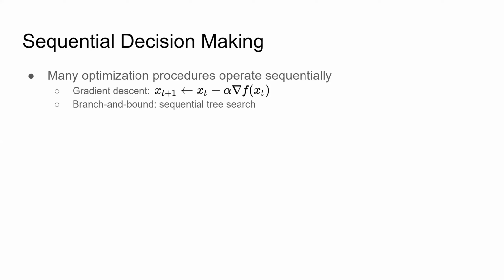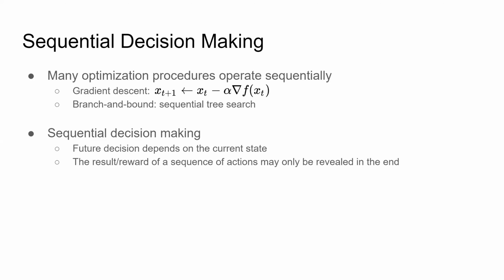Specifically for optimization problems, we can view many of the optimization procedures as sequential decision making. For example, in gradient descent, we're sequentially updating the parameters, say of a neural network, by following the gradients. We're doing this in an iterative fashion, one step at a time. And for branch and bound, as I mentioned before, this is a tree search structure, so we sequentially build up the tree to find where the optimal solutions are. So this is sequential in nature.